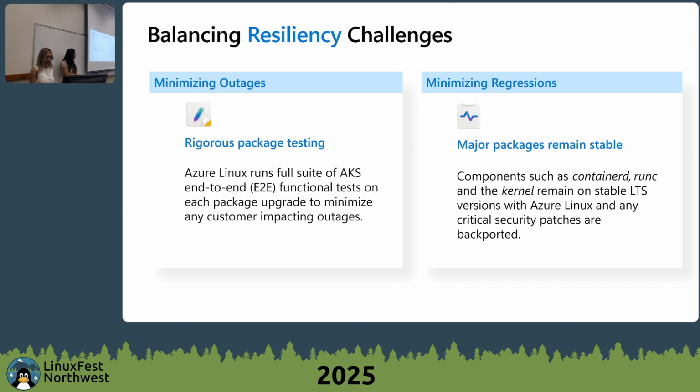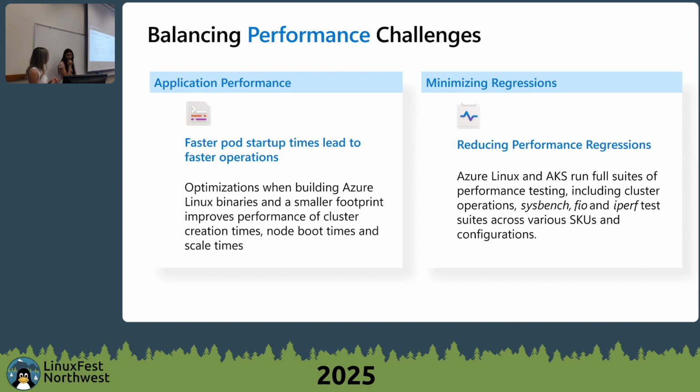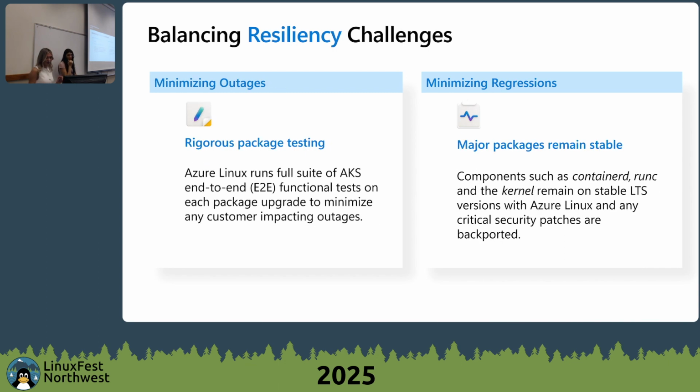So we get to test a wide range of end-to-end scenarios, like different AKS cluster operations, and test that different AKS add-ons and extensions are validated on the Azure Linux image. If any of those fail, we wouldn't publish the image to PMC or to the AKS team.